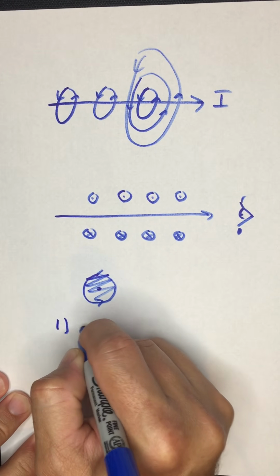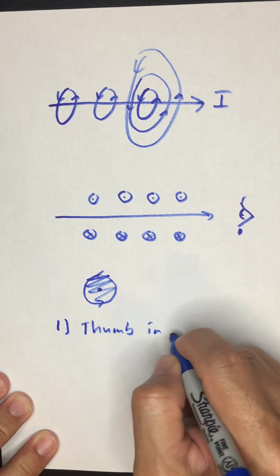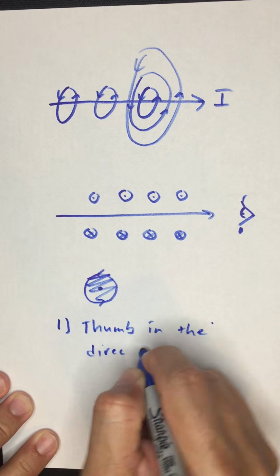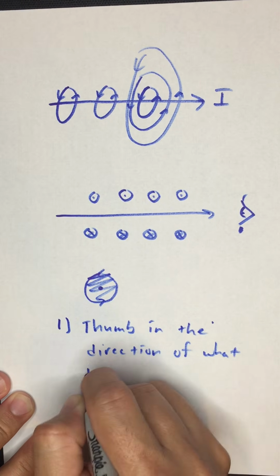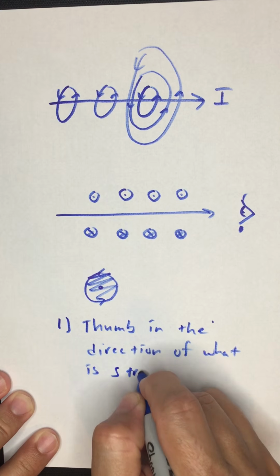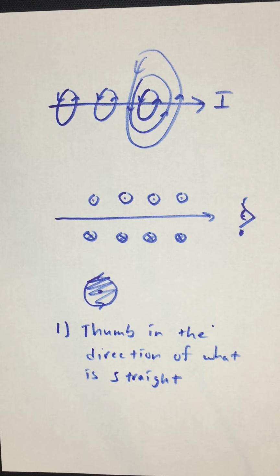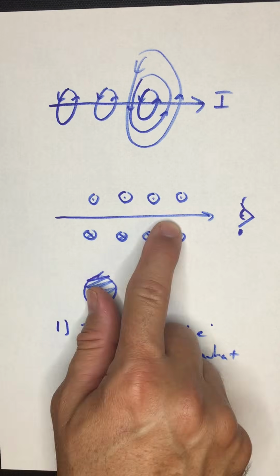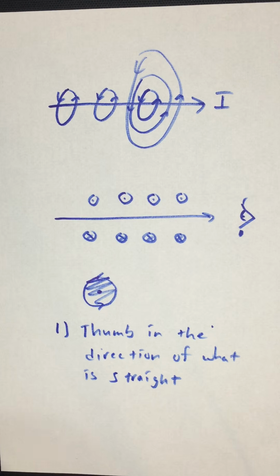Number one, you want to put your thumb in the direction of what is straight. Okay, what is straight here? I think maybe it's obvious that the wire is straight. The magnetic fields are curved, but the wire is straight. So I'm going to put my thumb in the direction of what is straight.